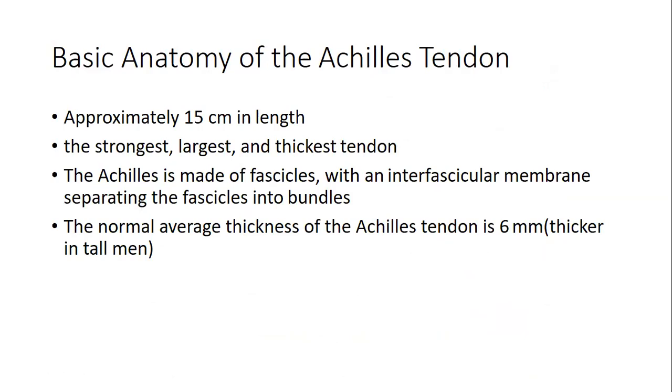So the Achilles tendon is approximately 15 centimeters in length. It is said to be the strongest, largest, and thickest tendon in the human body. It is made of fascicles with the interfascicular membrane separating the fascicles into bundles. So you discover that this is just the macro appearance of the tendon.